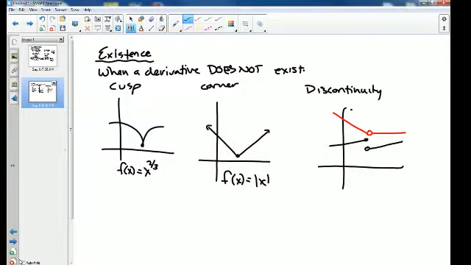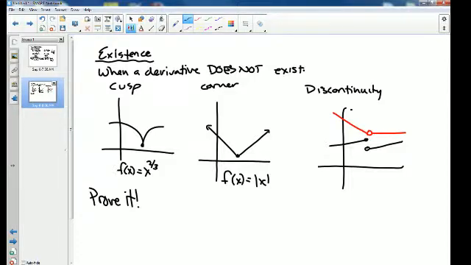How would I prove this in terms of calculus, that these are discontinuous? Now prove it. Before I just let you say, yeah, the derivative doesn't exist because of this. If it's a cusp or corner, you can draw an infinite amount of tangent lines on it. That doesn't prove it.